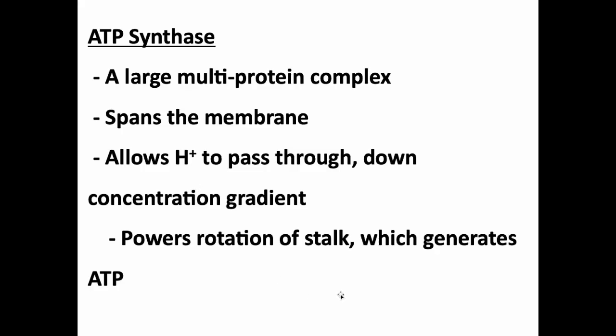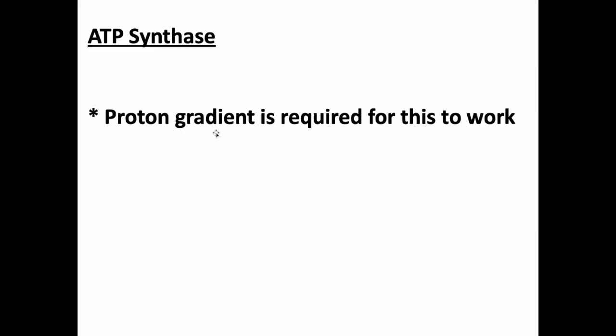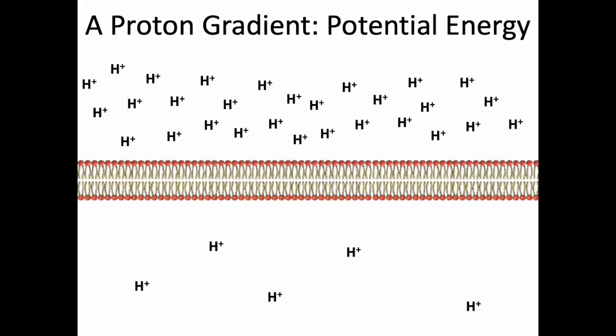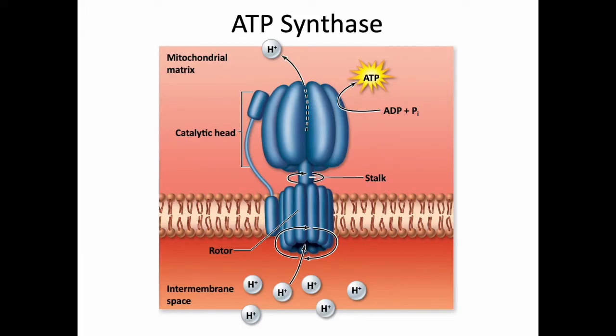This powers the rotation of a stalk, which generates ATP. Importantly, this needs a proton gradient in order to work. If there was no water in the reservoir, the dam would not be able to generate any electricity. And if we did not have a bunch of protons on one side and not a lot on the other side, ATP synthase wouldn't be able to do anything either.